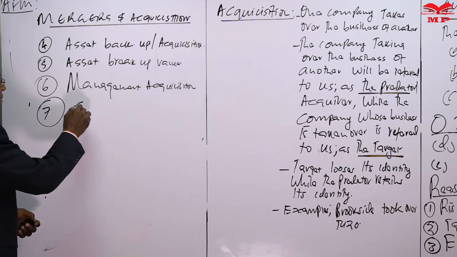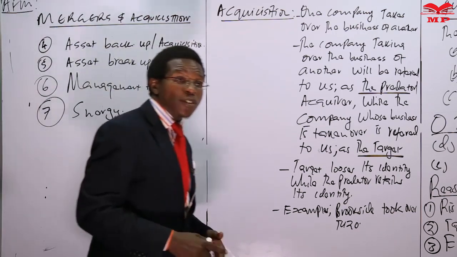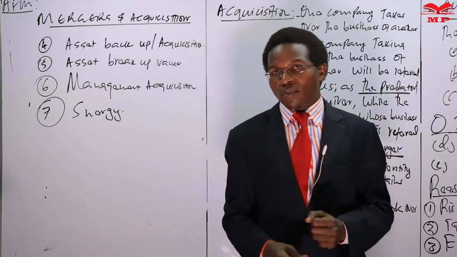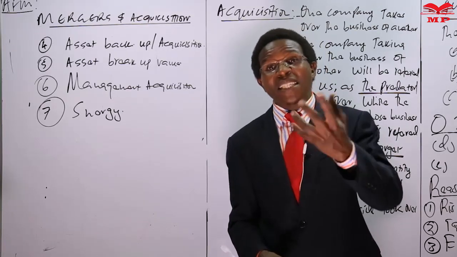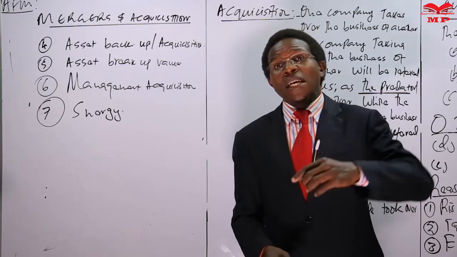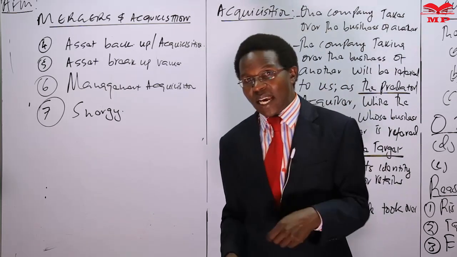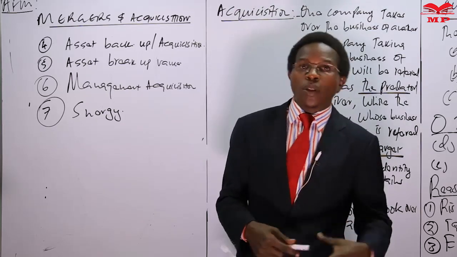We may have synergy. When we talk of synergy, we should remember that 1 plus 1 will not be 2; 1 plus 1 will definitely be 3. In synergy, there is one more added advantage that may not be seen clearly, that we'll have when we merge or acquire another company.